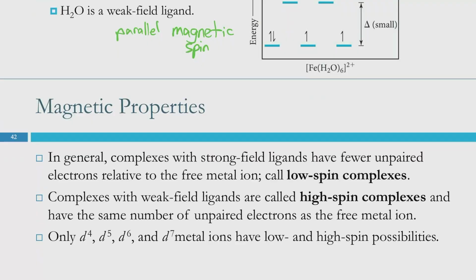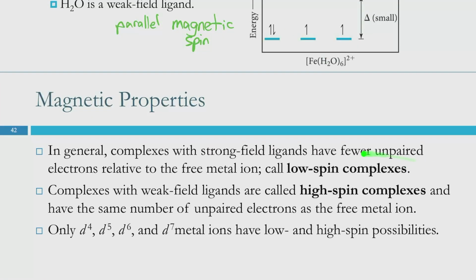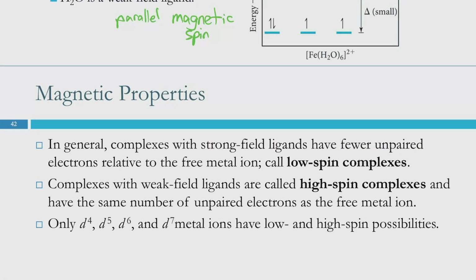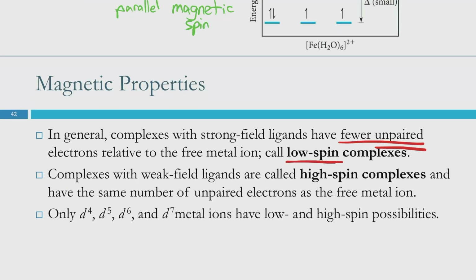Generally, our strong field ligands have fewer unpaired electrons, just because we've got those upper level orbitals that are not going to fill up first. Compared to the free metal ion, we would call these low spin complexes. So high split, low spin.